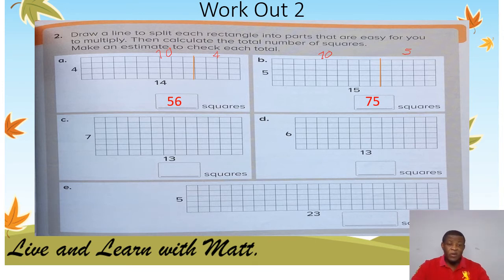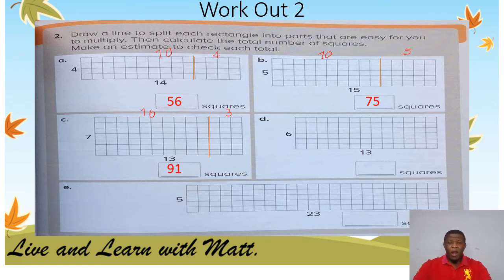Part C, let's split into 10 and 3. Seven times 10 is 70. 7 times 3 is 21. 70 plus 21 will be 91.